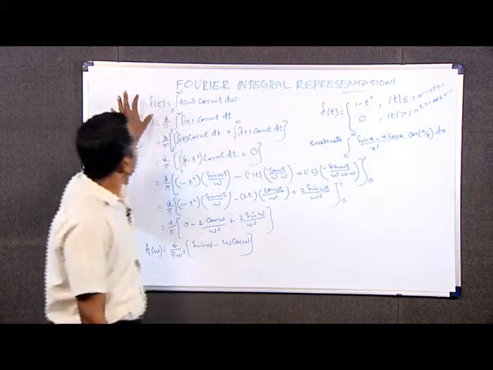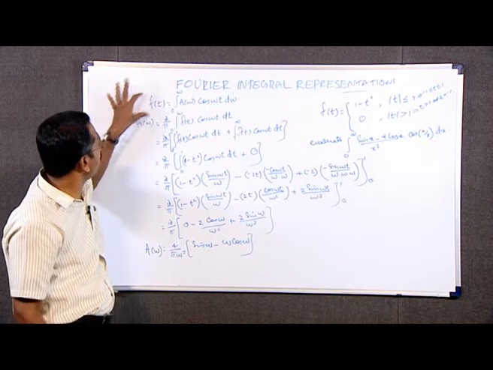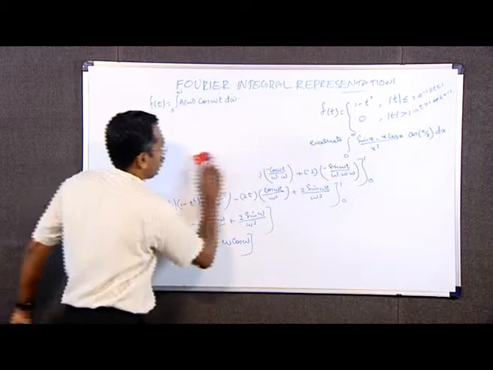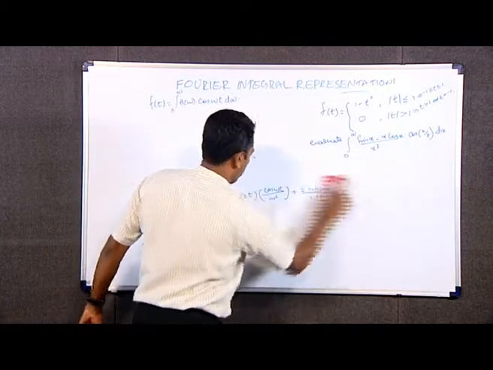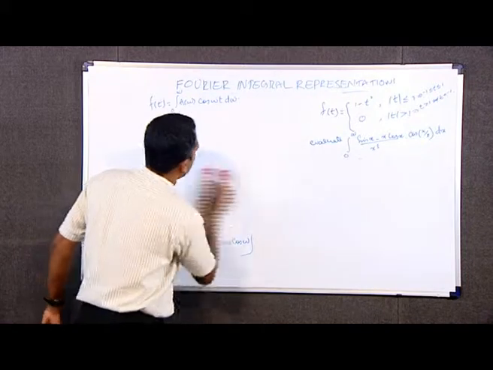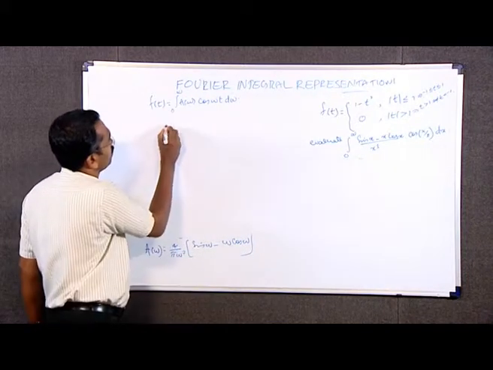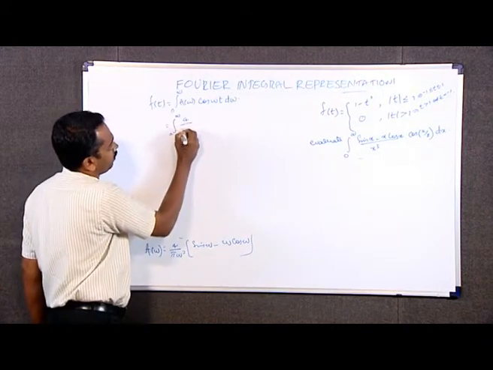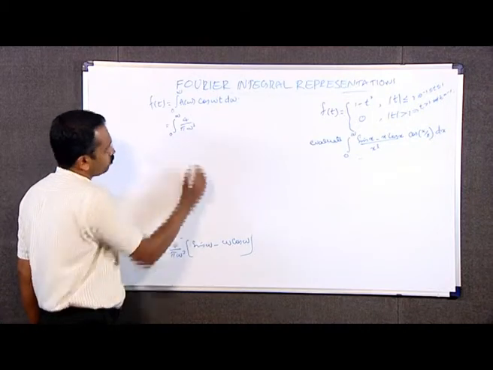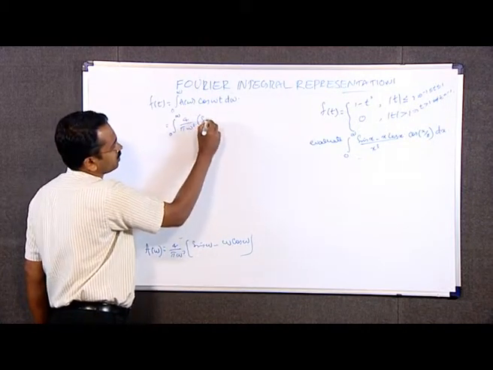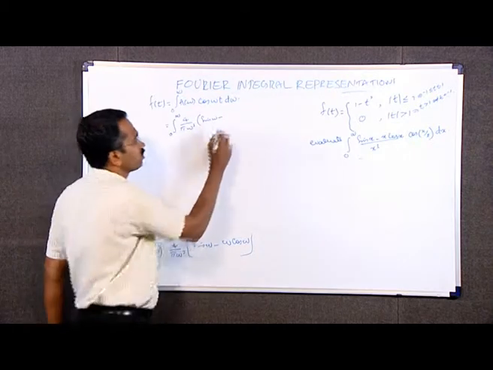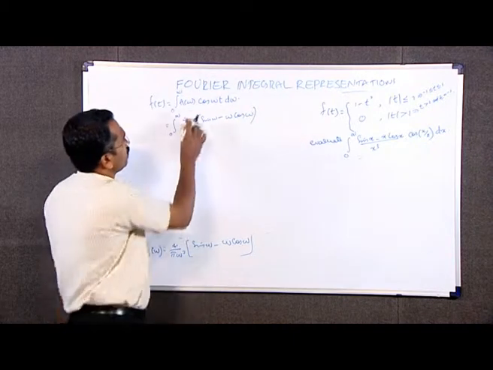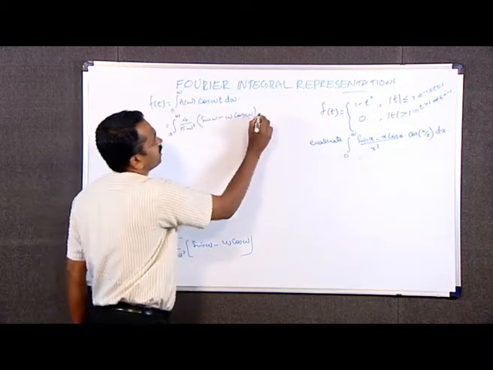And the corresponding representation is given by f of t is equal to the integral from 0 to infinity of A omega, which is 4 by pi omega cube into (sin omega minus omega cos omega), into cos omega t d omega.